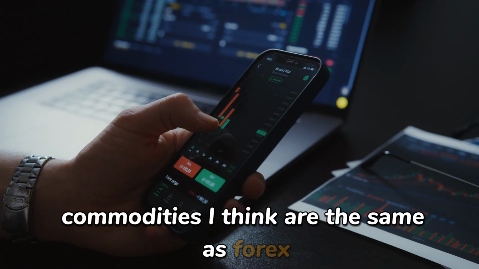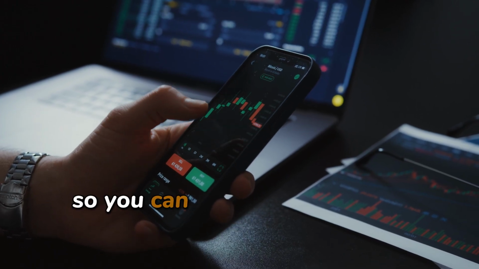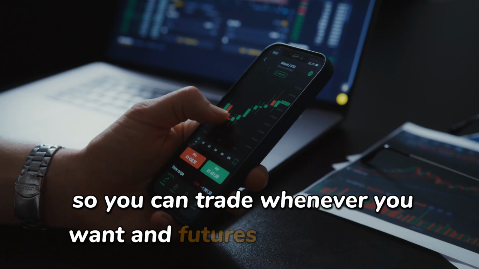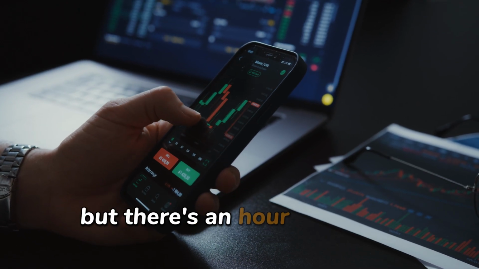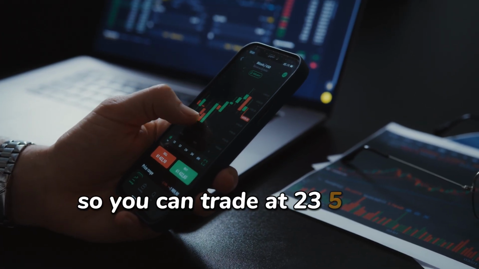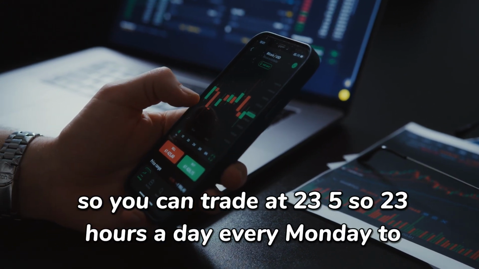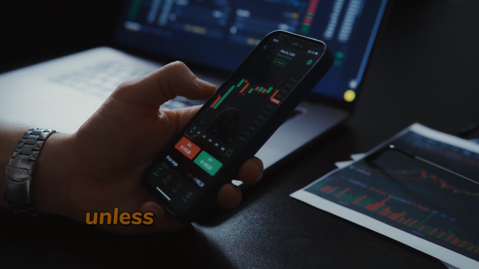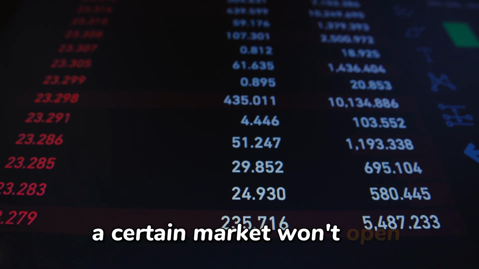Commodities, I think, are the same as Forex. Crypto are open 24/7, so you can trade them whenever you want. And futures is the same as Forex, but there's an hour where the market's closed, so you can trade it 23/5, so 23 hours a day, every Monday to Friday. Unless there's a bank holiday where a certain market won't open.